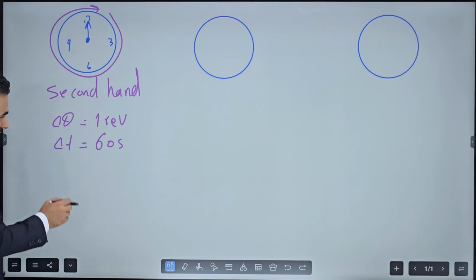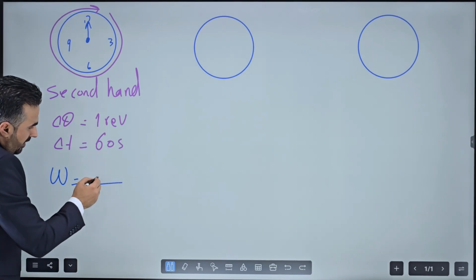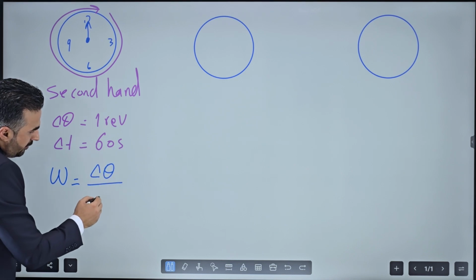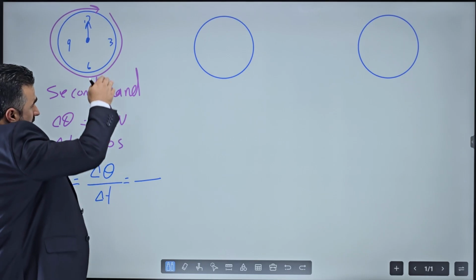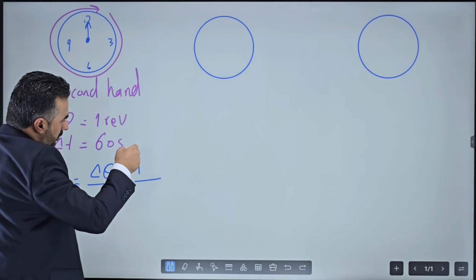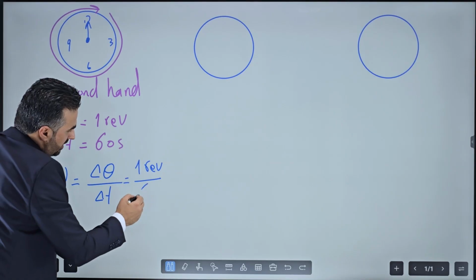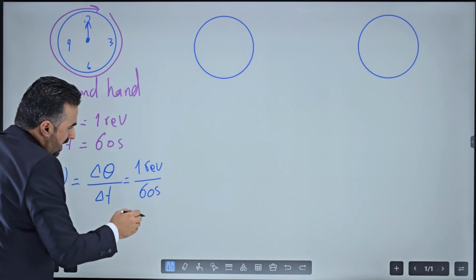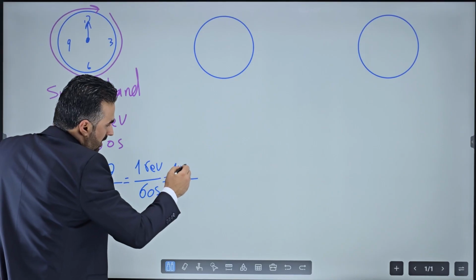So if we want to find the angular speed for the second hand, omega is equal to delta theta divided by delta time. The delta theta here is one full rotation, that is 1 rev. Yes, well done. Divided by the time that it takes, which is 60 seconds. But we know that every rev is equal to 2 pi.